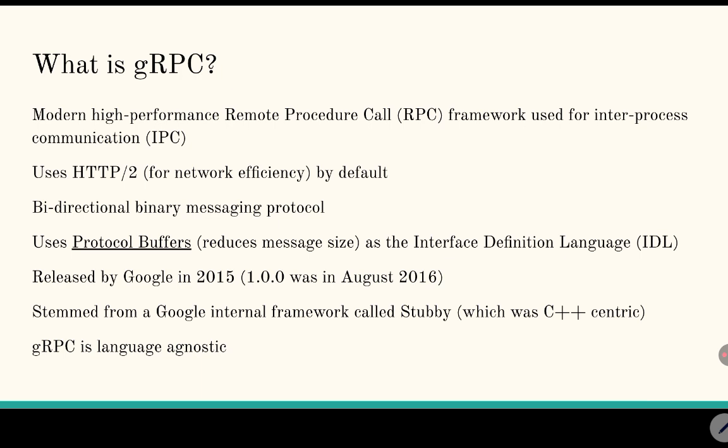Basically, HTTP 2, which is a network efficient protocol, is version 2 of HTTP. HTTP is an application level protocol built on top of the TCP/IP stack, either on TCP or UDP and so forth. HTTP 2 is a bidirectional binary protocol based on TCP, and HTTP 3 is also there, mainly based on the UDP protocol.